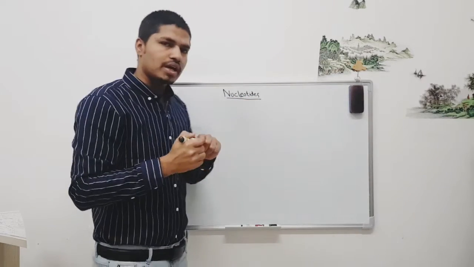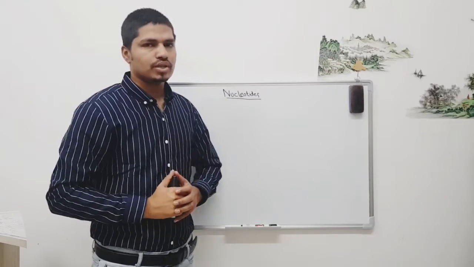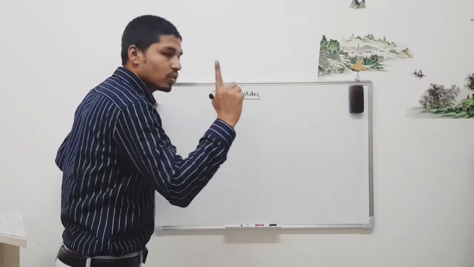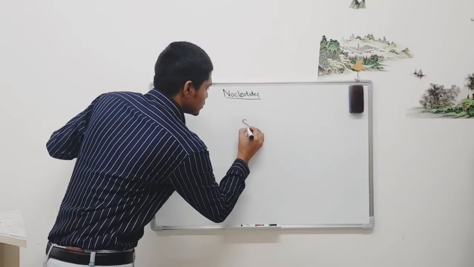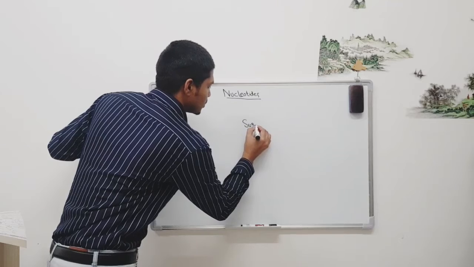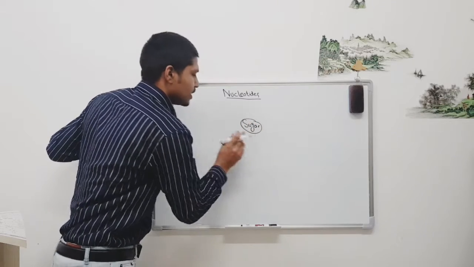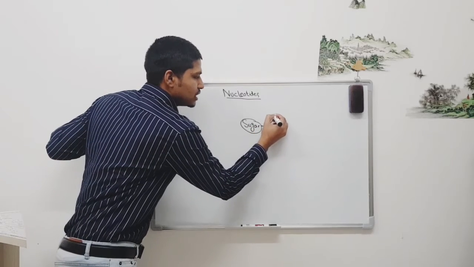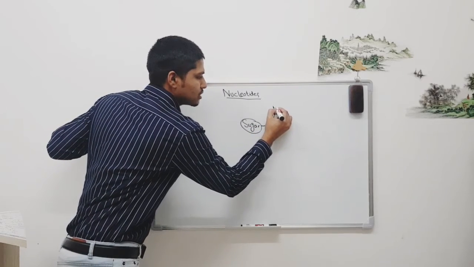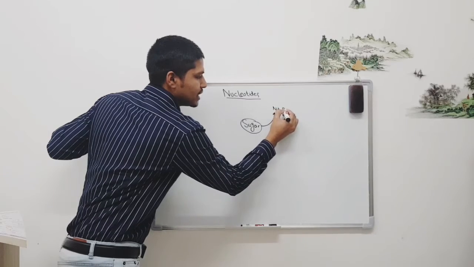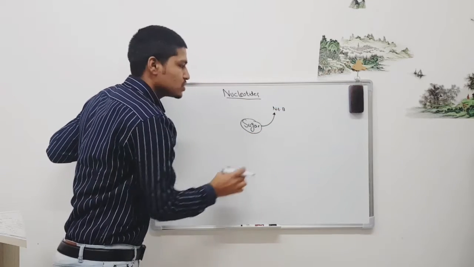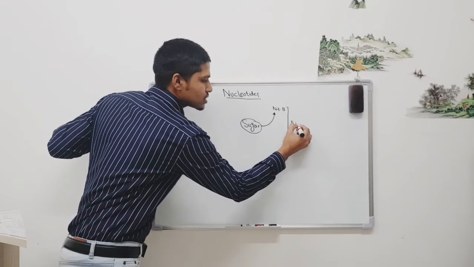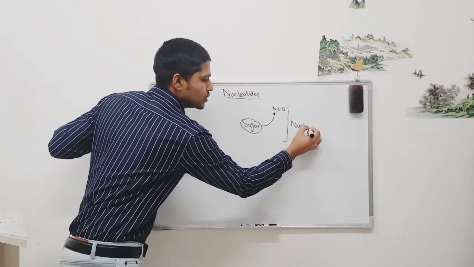As you know, there are a lot of sugar molecules. Just suppose here there is one sugar molecule. If a nitrogenous base attaches to this sugar, then we call it a nucleoside.